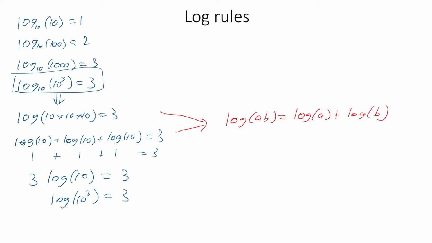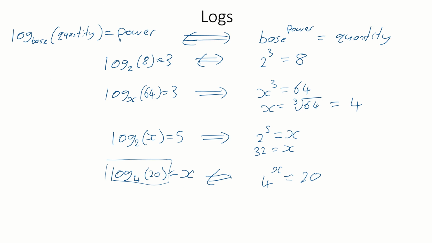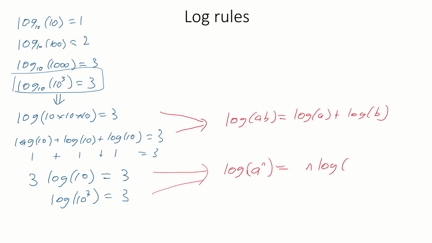So these are the same thing: 3 times log of 10 equals 3, and log of 10 to the power of 3 equals 3. And it's true in general that log of a to the power of n, such as 10 to the power of 3, is the same thing as n times log of a.